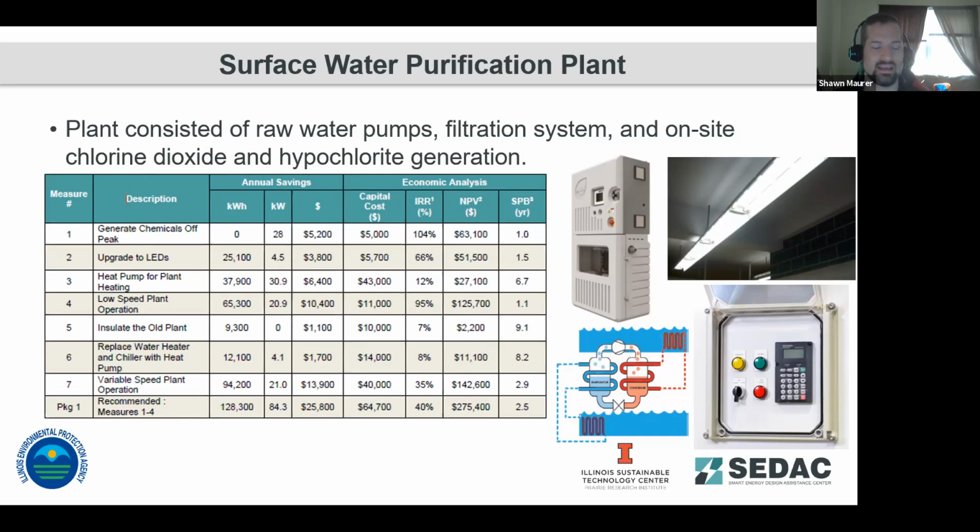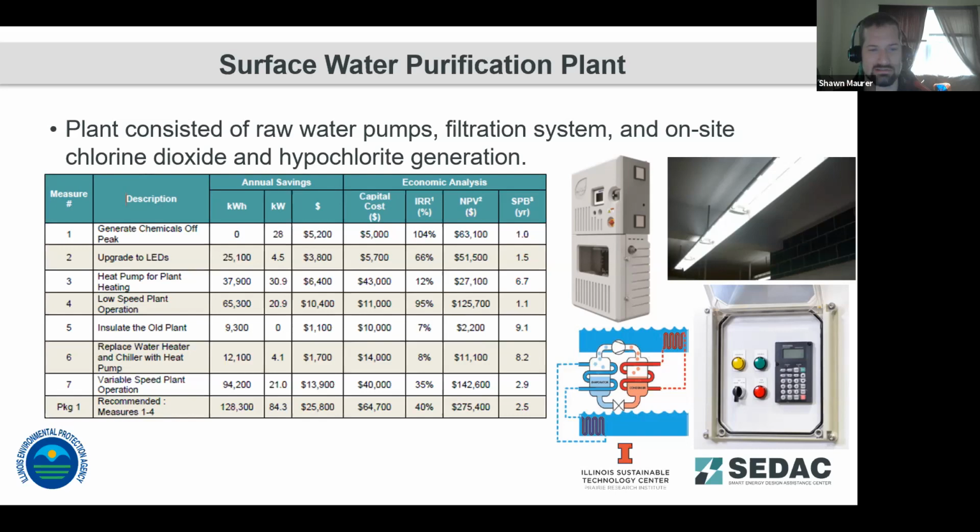Upgrading to LEDs, they had T12 and T8 lighting at the facility. Looking at heat pumps for that plant, also looking at that for the chlorine dioxide hypochlorite systems. They have raw water coming from the facility that they were heating or cooling as needed to hit an optimal temperature for those chemicals, but they were using an electric heater and then an AC unit.